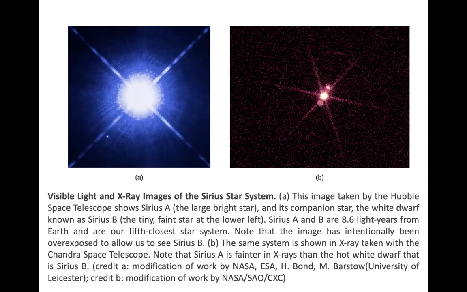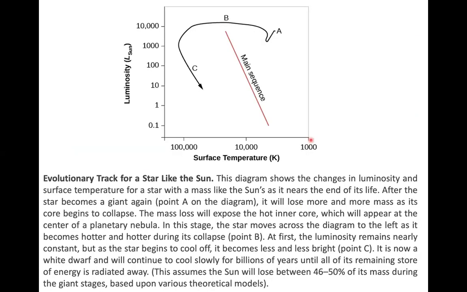Now you should understand why this happened, because for a white dwarf right here, you can see that their surface temperature is higher. Because of that, they should emit more X-rays, right?